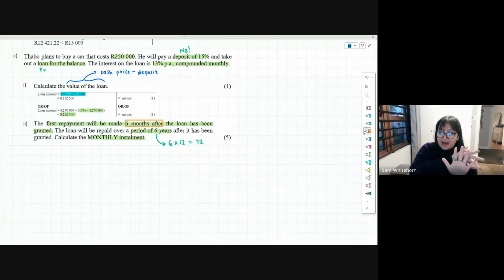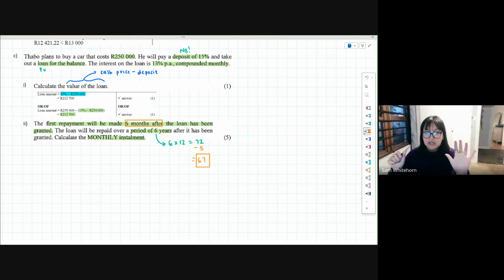So I'm missing 5 repayments on this loan. So now I need to subtract 5 from the 72, and that takes me to 67 installments that I'm making on this loan because I missed essentially the 6 months' worth. I missed the granting of the loan, for lack of a better descriptor, and then I'm missing those first 5 installments. Can you just give me a thumbs up if that makes sense so far?